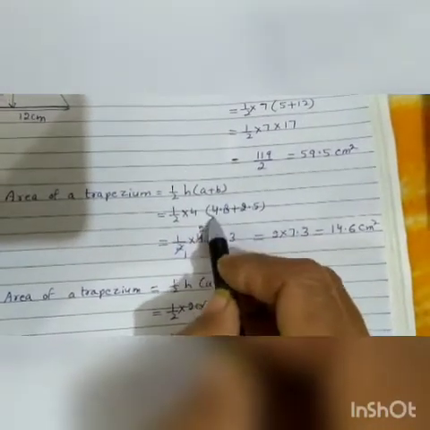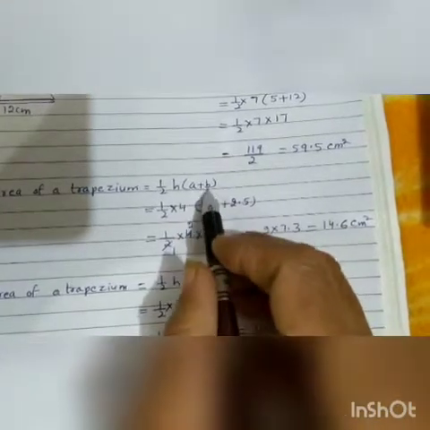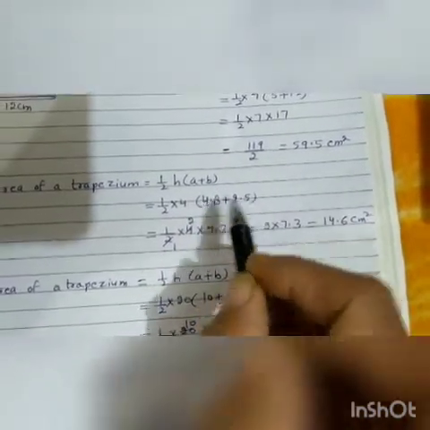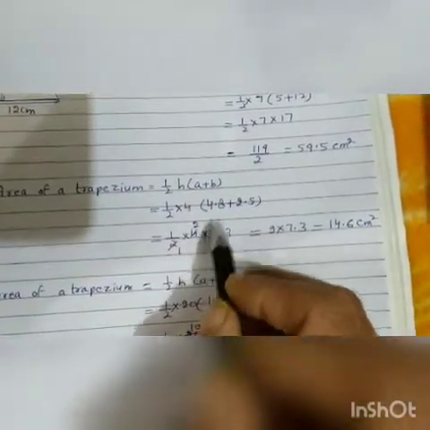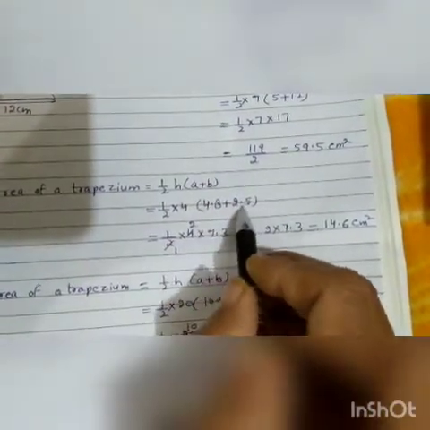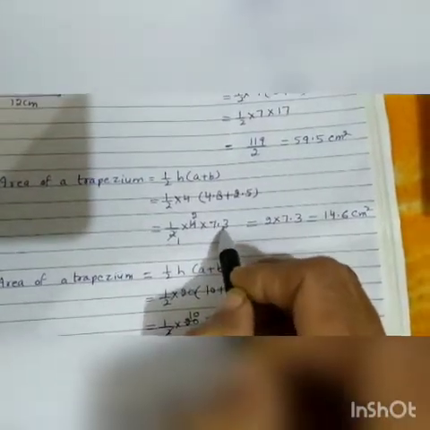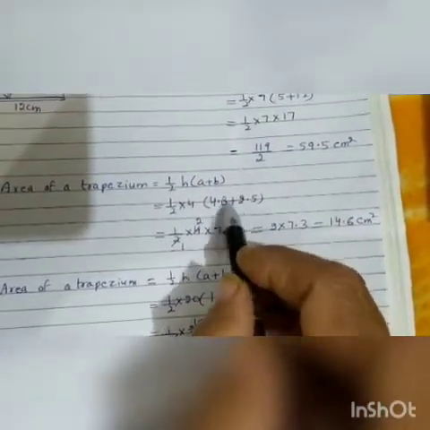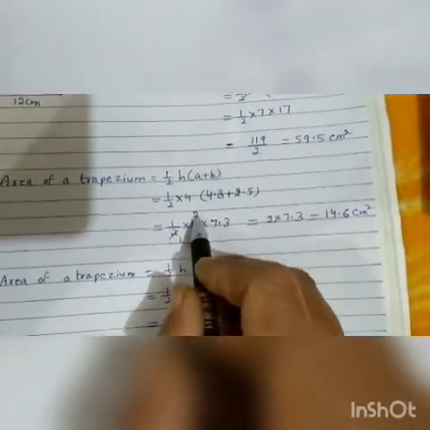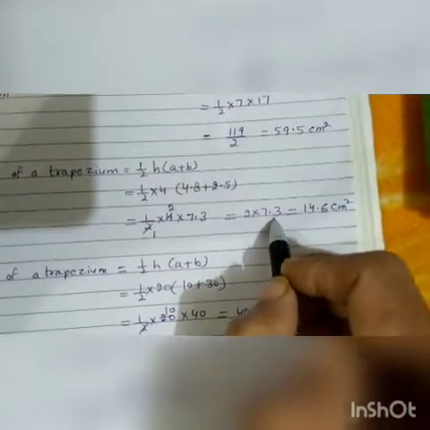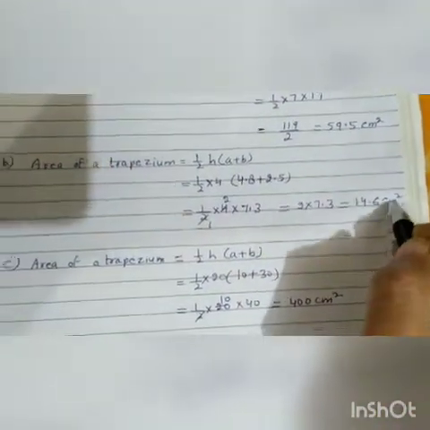Then bracket, first parallel side is 4.8 centimeter plus second one is 2.5 centimeter. Close the bracket. We add these two numbers and get 7.3. See, 8 and 5 is 13, carry 1. 1 and 2, 3. 3 plus 4, 7. Now simplify it. 2 ones are 2, 2 twos are 4. Then 2 into 7.3, we get 14.6 square centimeter.